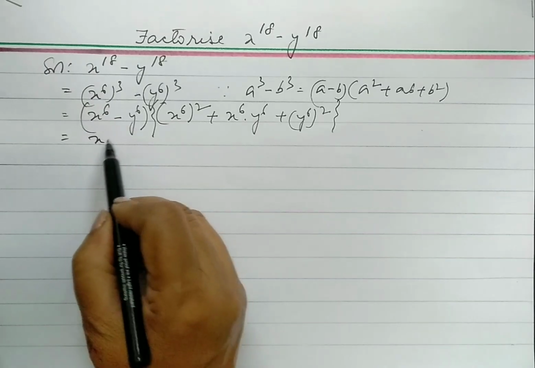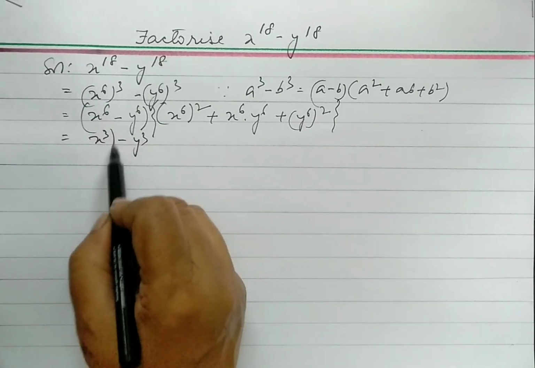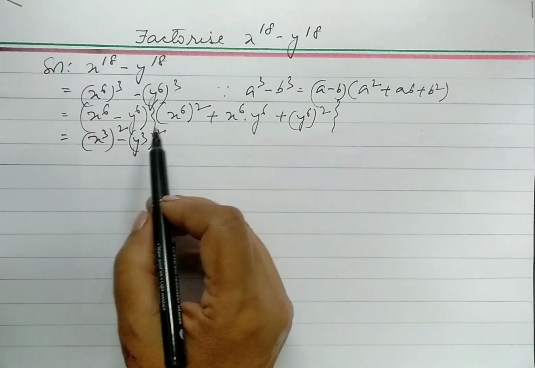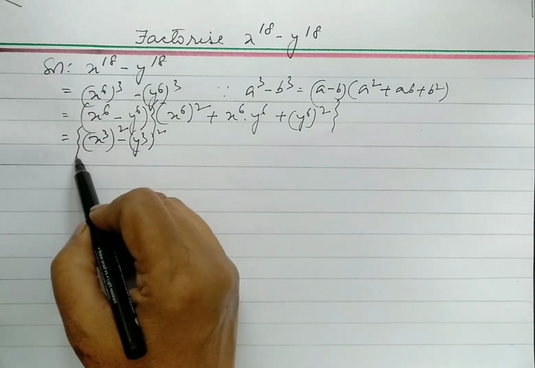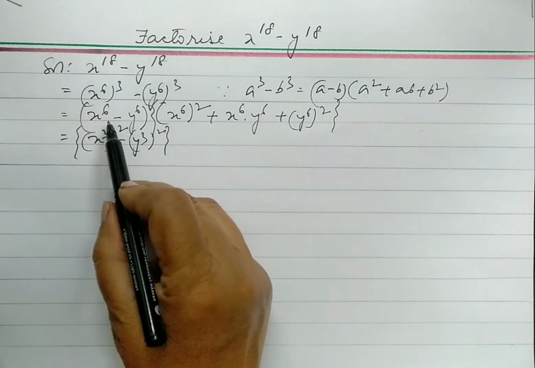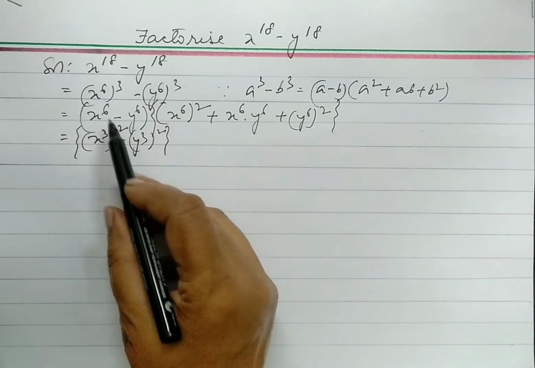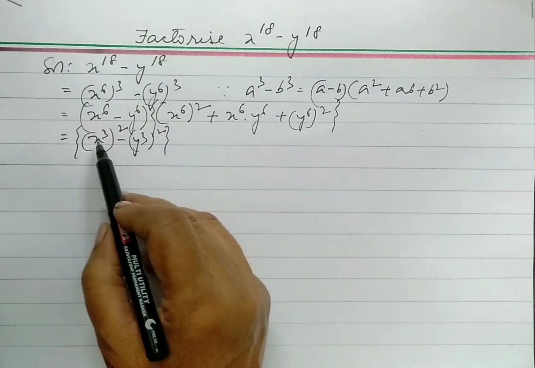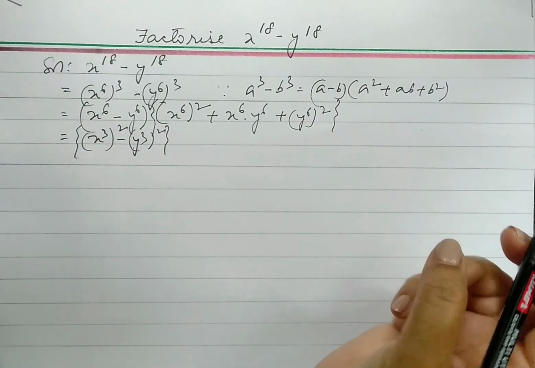Let's have a cube inside and we double this, which means we square up both of them to make it equal to x to the power 6 minus y to the power 6. So 3 into 2 is 6 and 3 into 2 is 6. So y to the power 6 here and x to the power 6 here. I hope there is no problem.